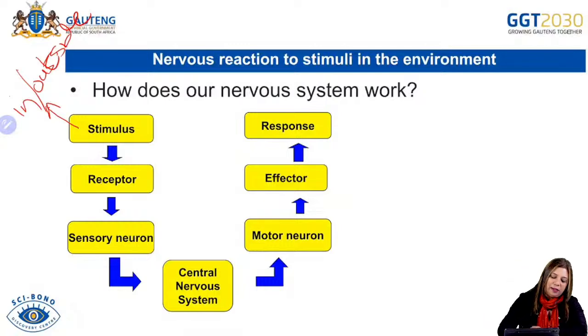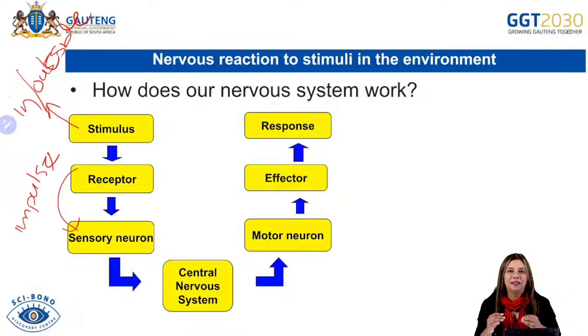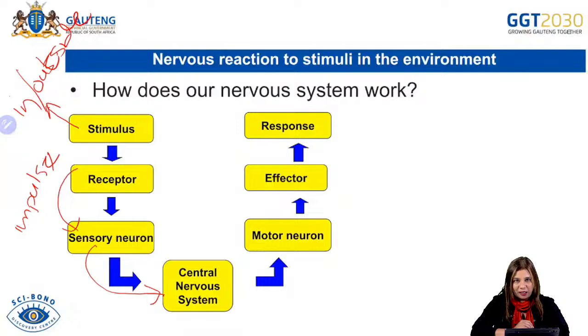So an impulse is sent to the sensory neuron. So what is an impulse really? An impulse is basically a message that the brain understands. So yes, there are messages that take place in our body, but it needs to be in a certain language, okay? And this message is electrical impulses. So the impulses are sent to the sensory neuron, and the sensory neuron sends it to the central nervous system, the central nervous system being the brain and the spinal cord.